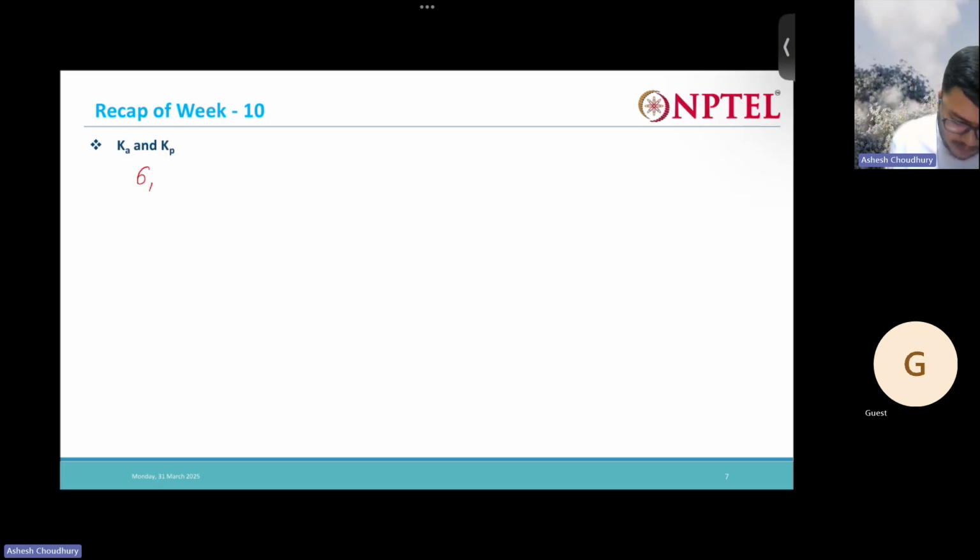You remember from the previous class this particular relation, the basic equation which we get from the Mohr circle. Here c is 0, so we can neglect the other part.